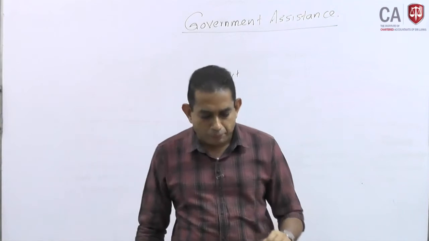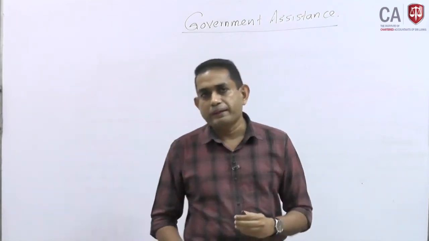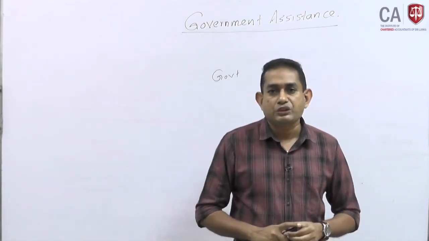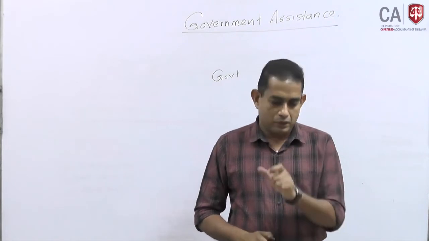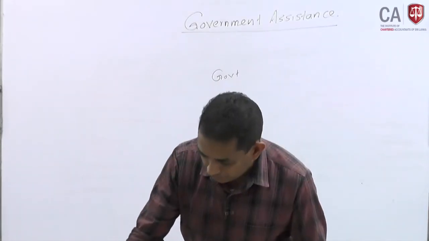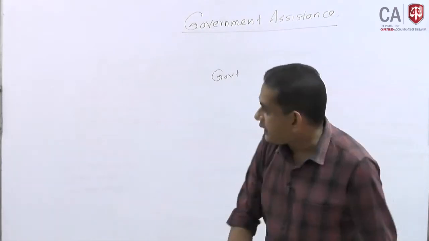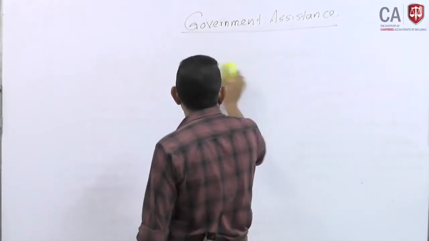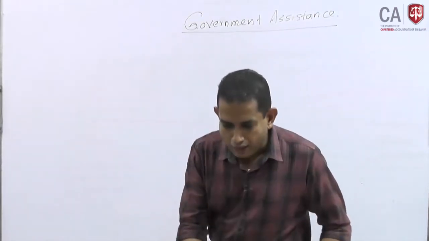So I hope the examples are enough and you got the point as to what is meant by government assistance, and then we can proceed to the next item in our discussion, that is government grants.